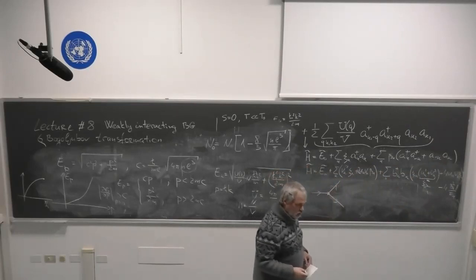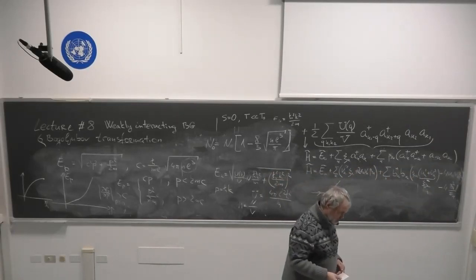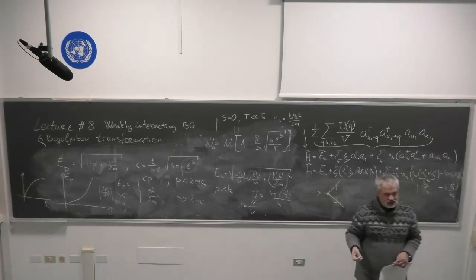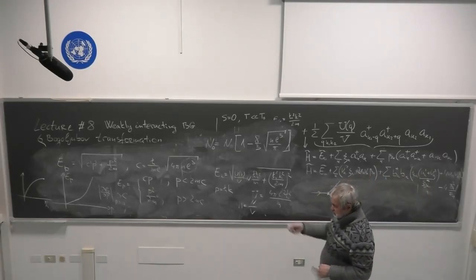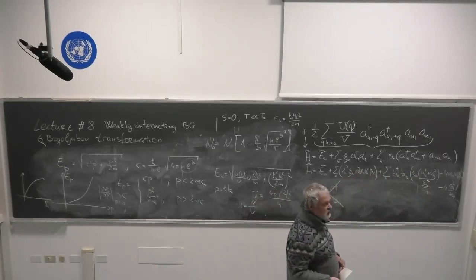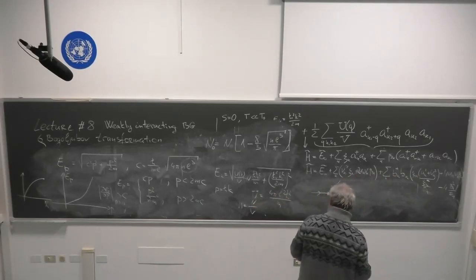One can take into account this sort of process of decay and compute the inverse lifetime of the quasi-particles. Because we defined in the first lectures that these quasi-particles, these sound waves, are well defined if the inverse lifetime is much smaller compared to the energy of the quasi-particles.